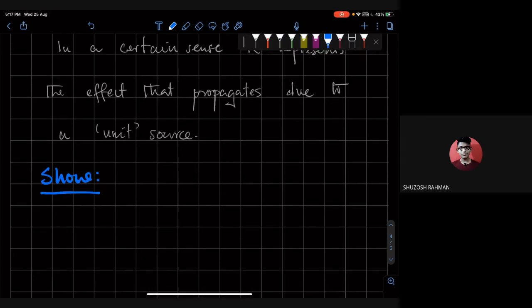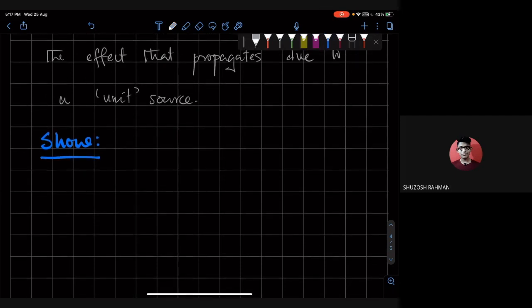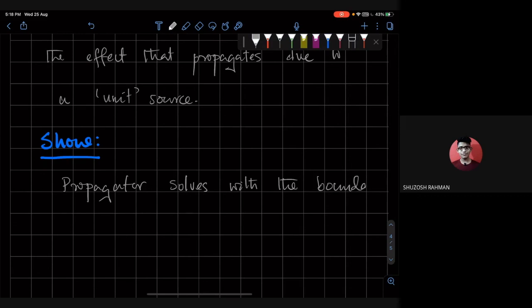You can show that the propagator solves, with the boundary condition being, if you say this is x and this is t, this is x prime and this is t.